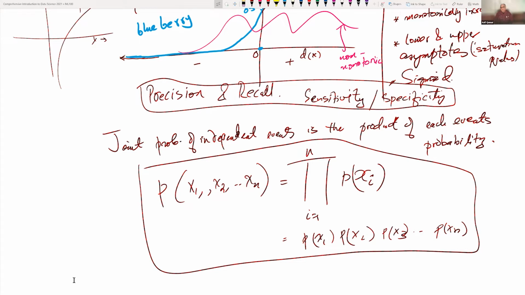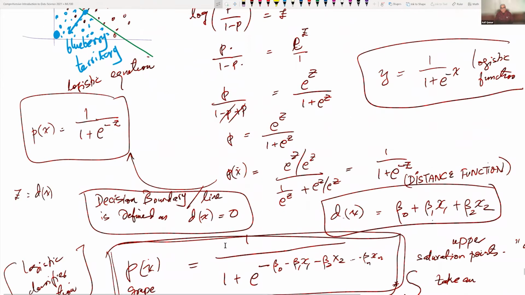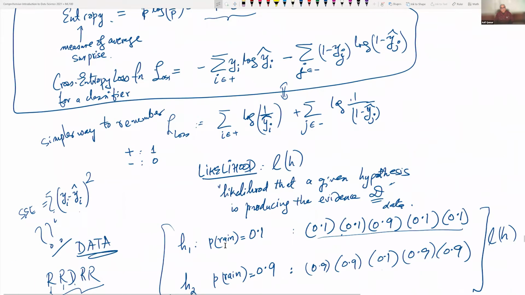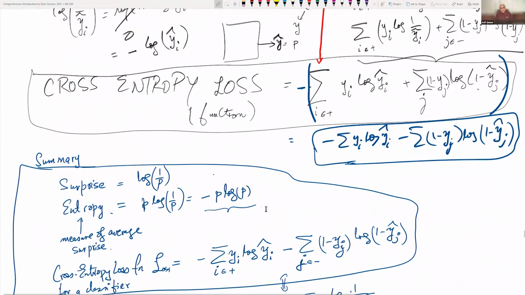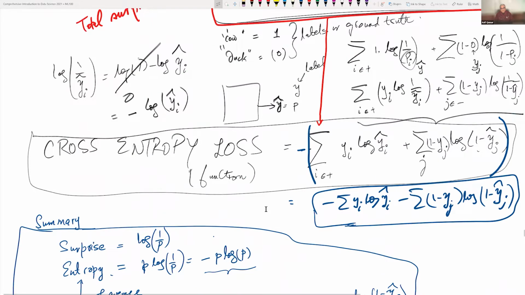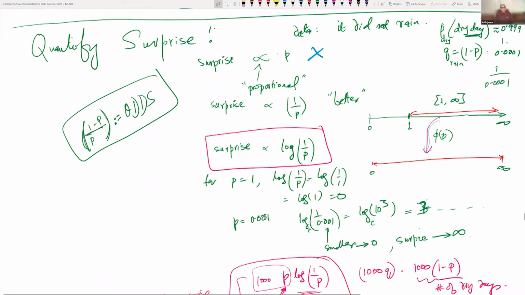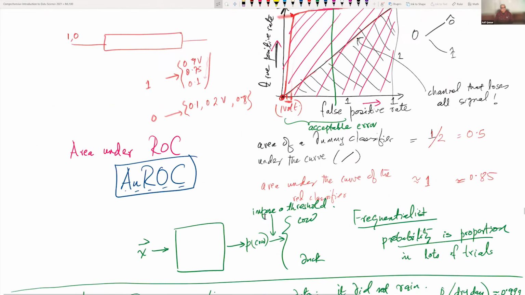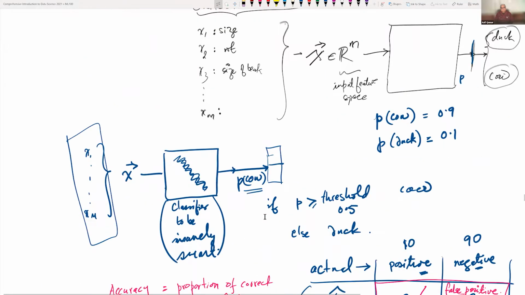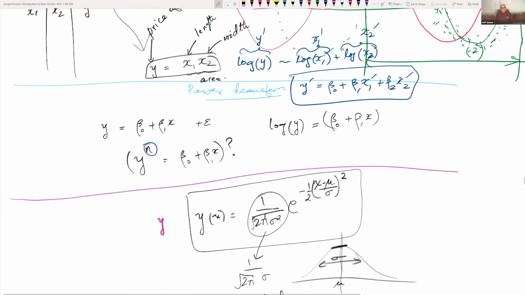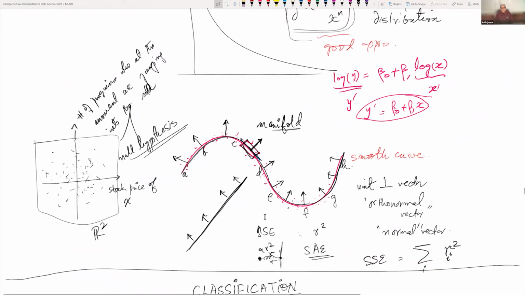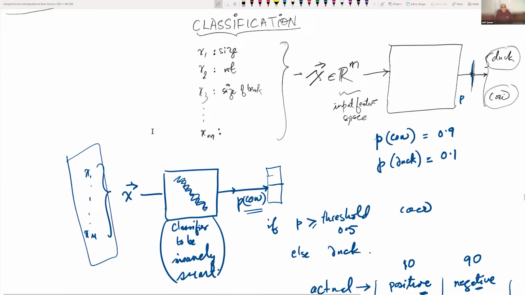Now, I would like to review what we learned in classifiers. And then I would like to also finish one more topic, one more type of classifier before we go into the labs. So we talked about the fact that in classification, you identify a class from a set of classes.